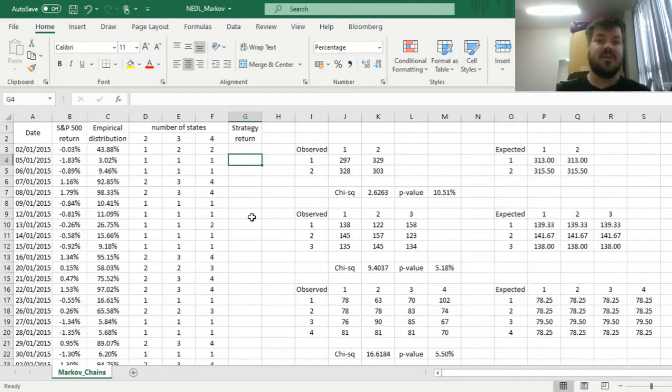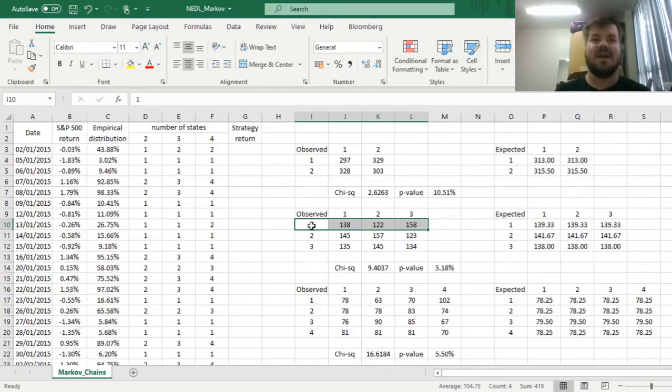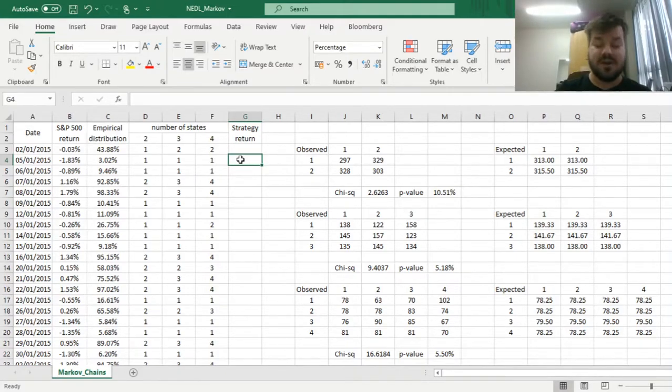Let's consider that we are a very cautious investor and we only want to invest when we are more likely to gain. And let's do just that. So here we see that we are better off investing when the past state was equal to 1. And we are doing it in the example with 3 states. So let's apply this strategy simulation.